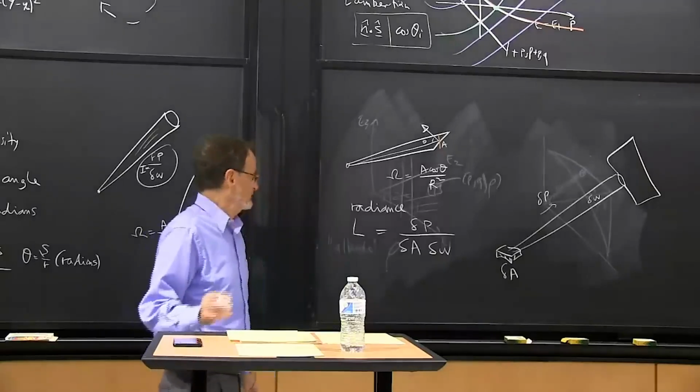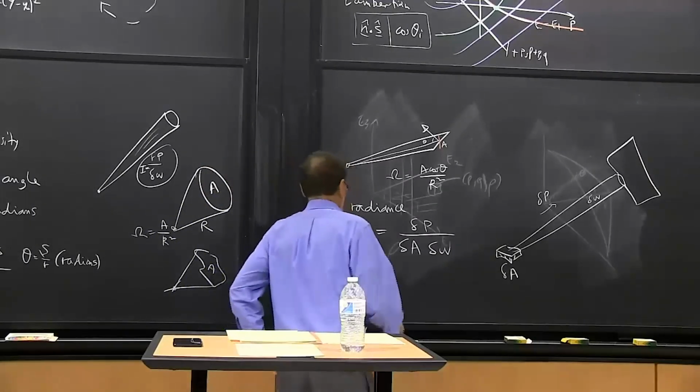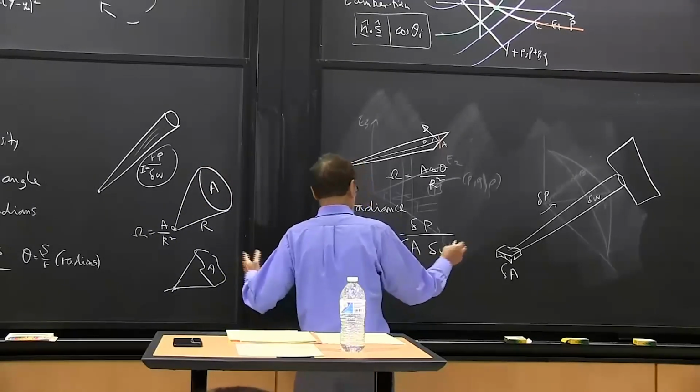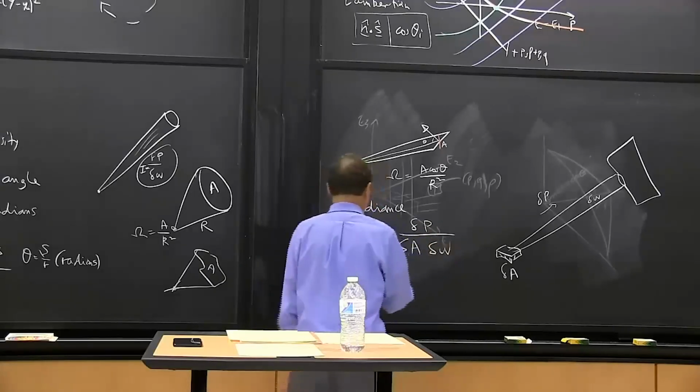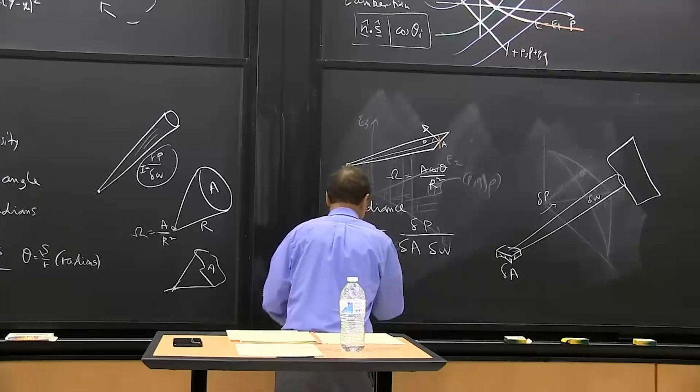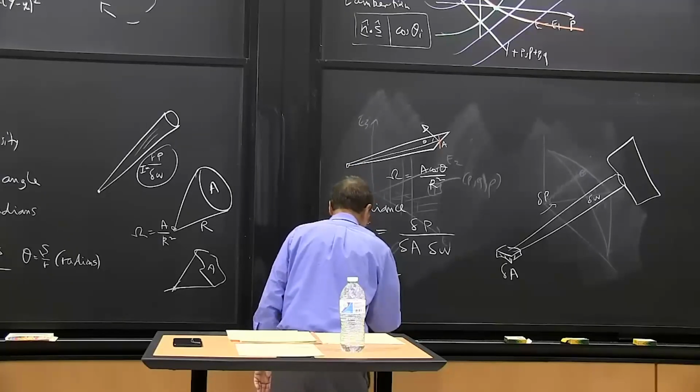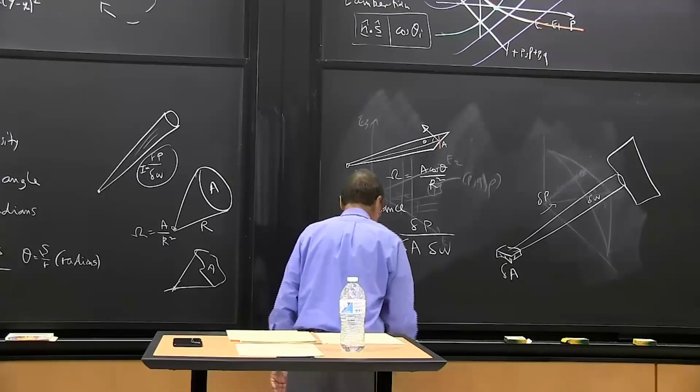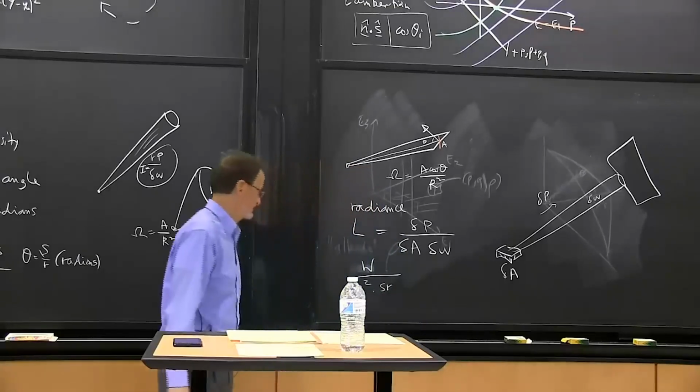Okay. So that's radiance, and it's power per unit area per unit solid angle, or in terms of units, it's watt per square meter per solid angle, steradian.